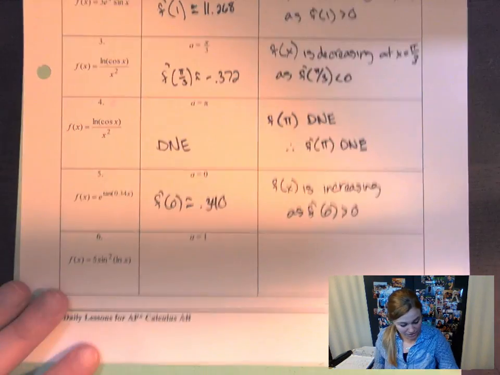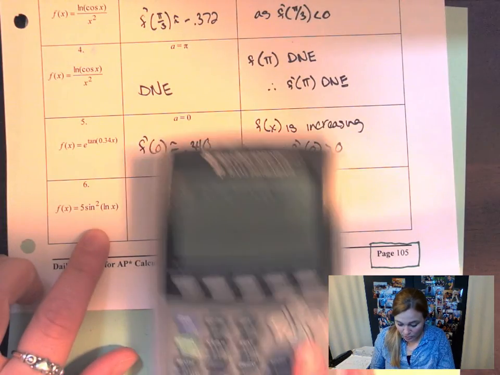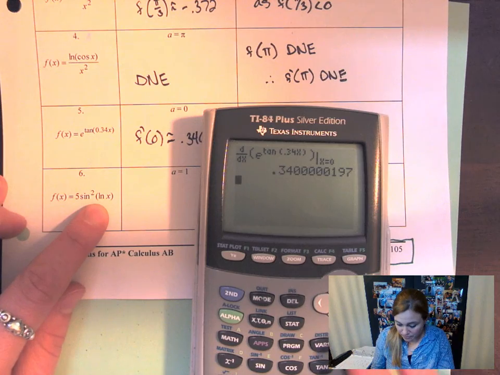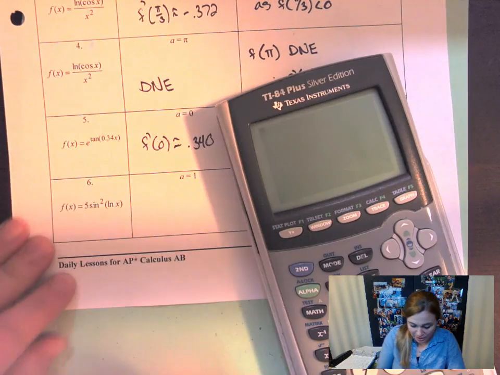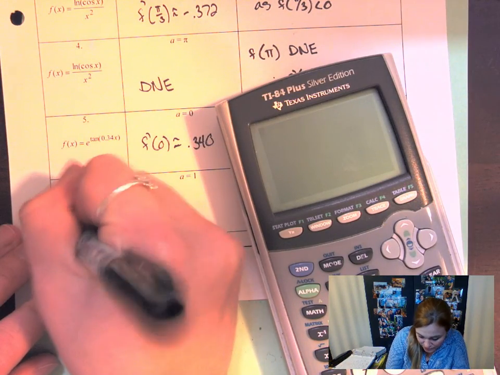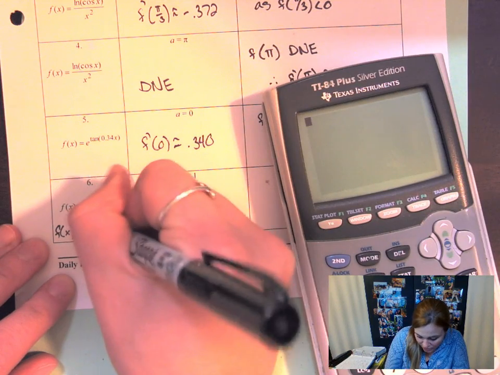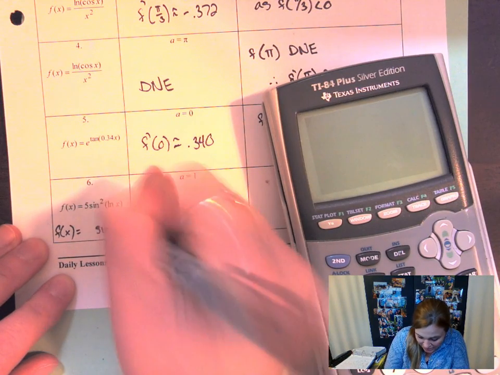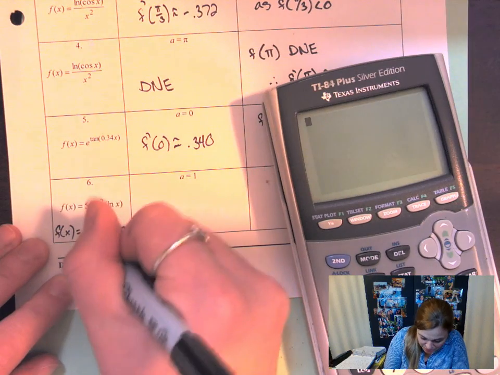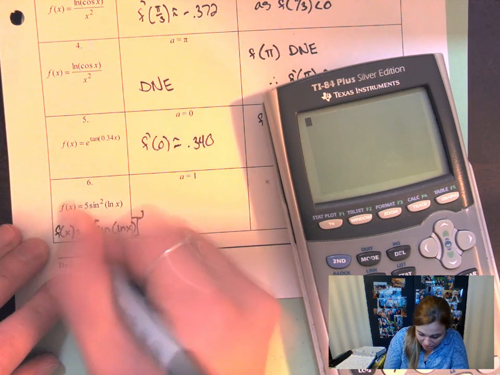And then last one, the way that you write this one is a little bit crazy. I'm going to write it over on the side first. Sine squared is the same thing as sine of ln of x, and then I'm squaring this whole thing.